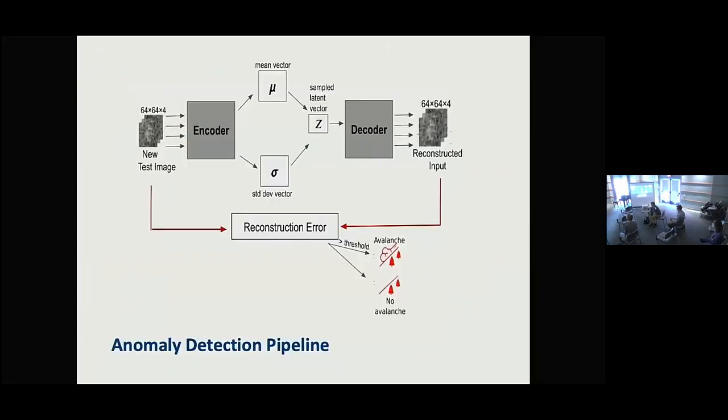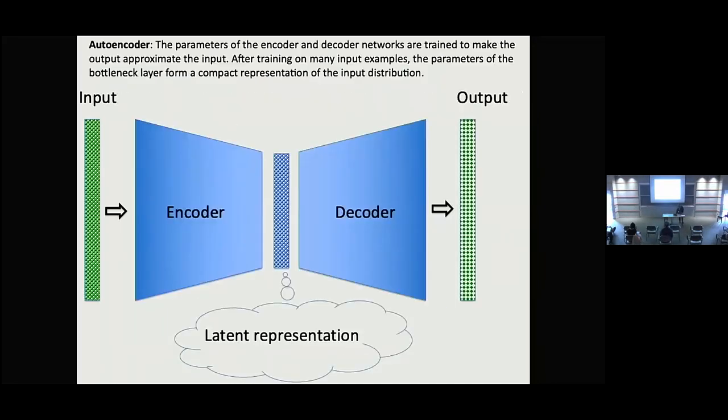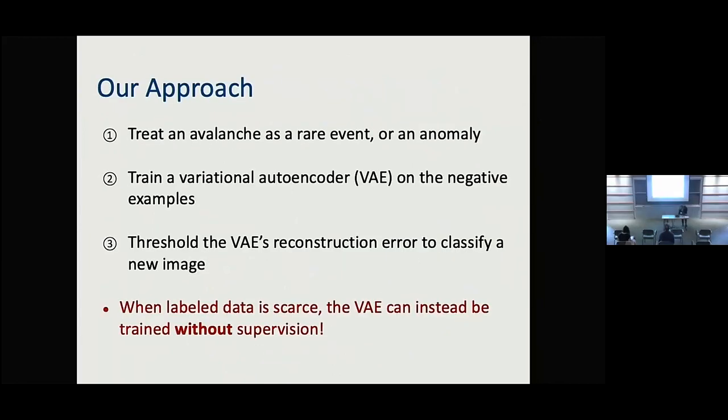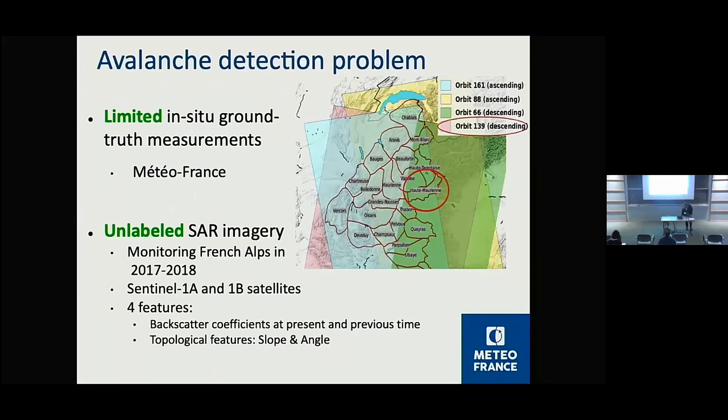Thanks. It was synthetic aperture radar, and we were taking 64 by 64 by 4 image pixels. And so I think the 4 channels were, oops, do I have it? We used backscatter coefficients and slope and angle.